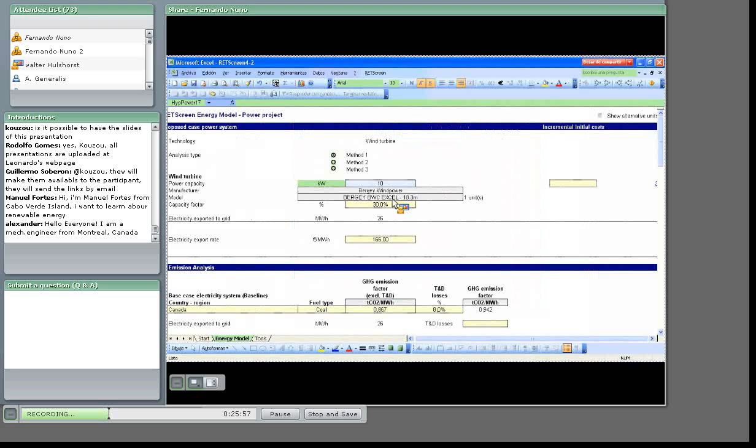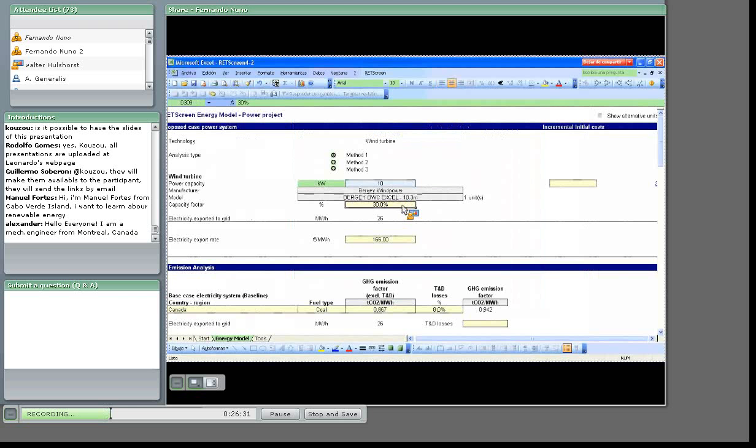Coming back to our model, we have automatically introduced the height of the hub, one unit, the height, the brand. We have to introduce manually the capacity factor. In this method we have to figure out the capacity factor based on average wind speed.